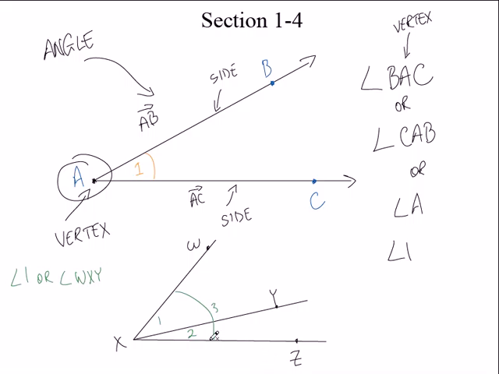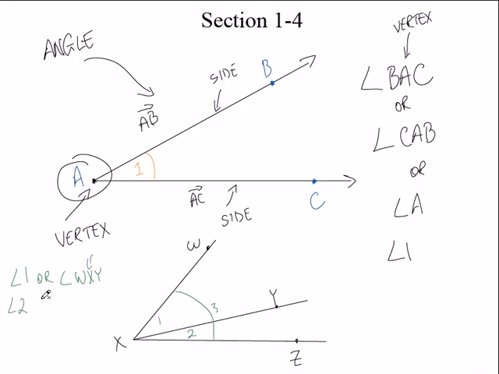Remember what I said earlier? If there's more than 1 angle coming out of that vertex, you have to use the 3 letters. So we can't just call it angle X, but we could call it WXY, or YXW. I'm not going to write that, but you could go in that order. What always has to be in the middle, though? The vertex. Or I could call it angle 1.